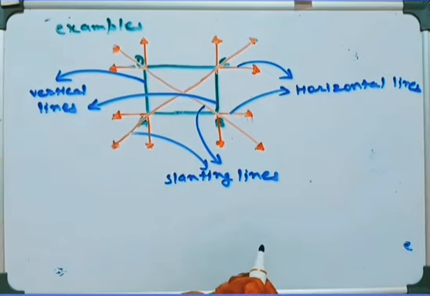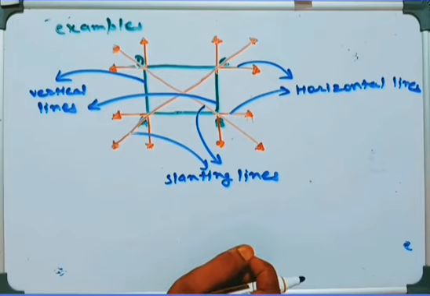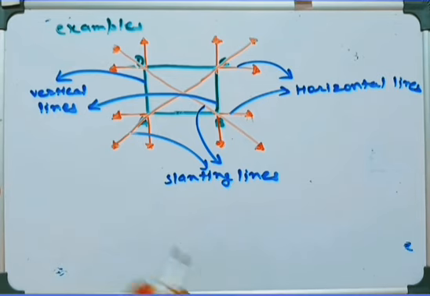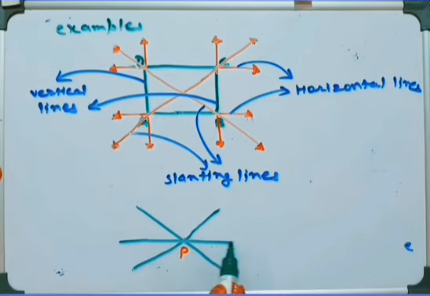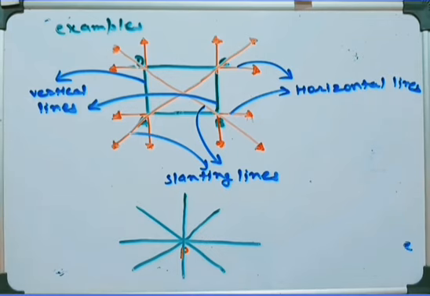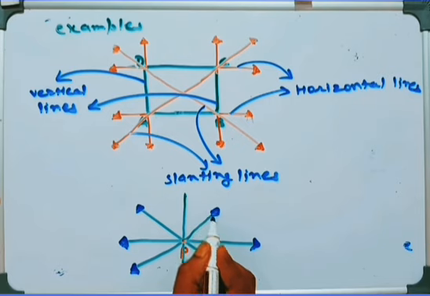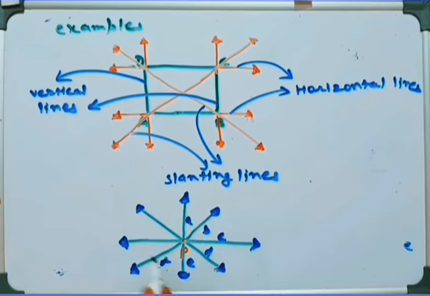Now next we will see how an infinite number of lines pass through a point P. Put arrowheads which make these straight paths lines. All these lines A, B, C, D, E, F, G, H are passing through a fixed point.